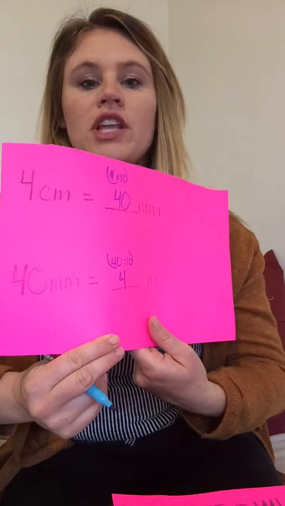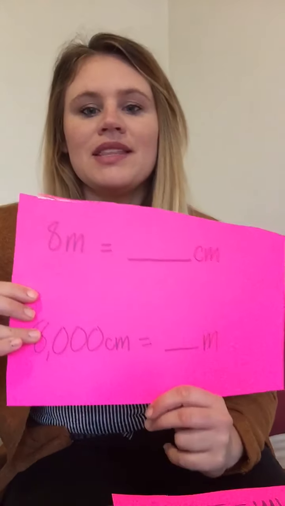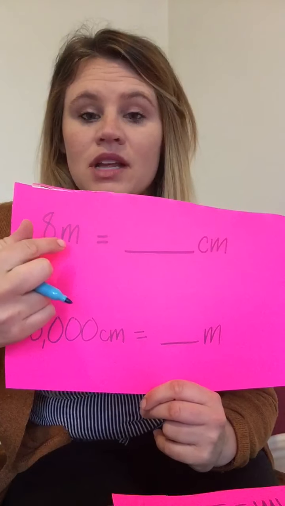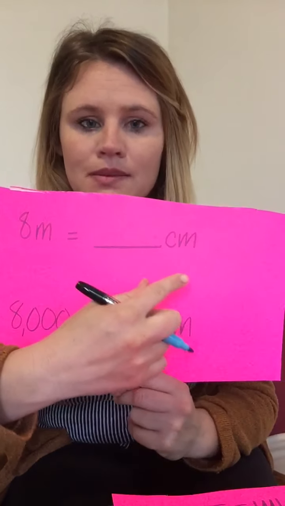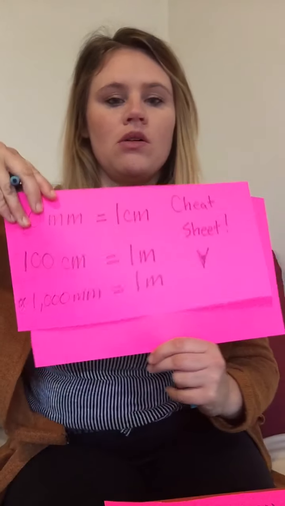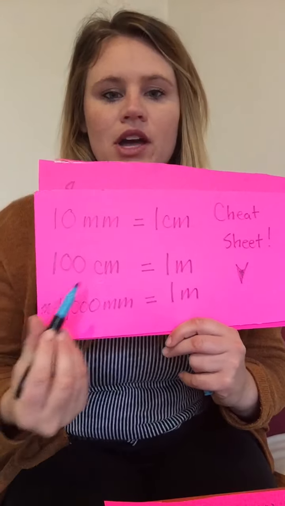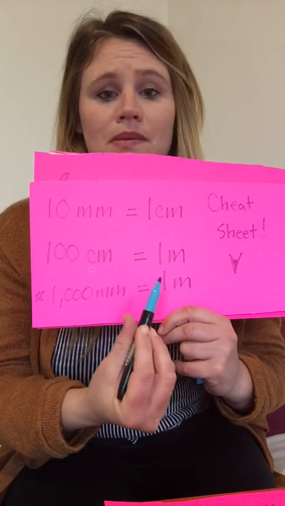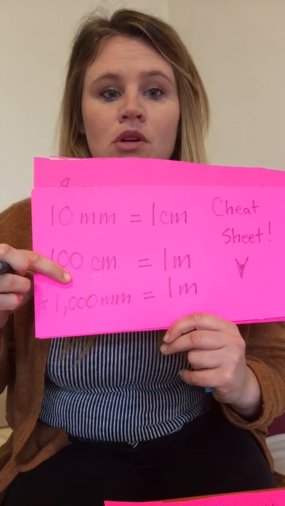So now I'm going to go over to the other side and do a few more. This time I'm going from meters, M stands for meters, to centimeters. So if I have 8 meters and I'm going to centimeters, let me check on my cheat sheet. Okay, I have 100 centimeters equals 1 meter. So that means I'm going to be multiplying by 100.